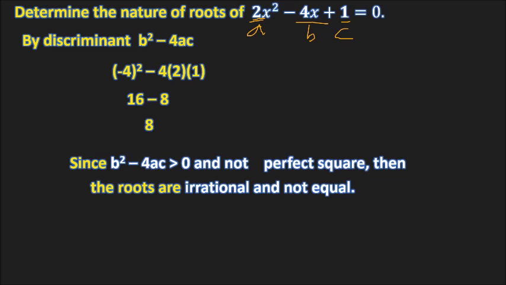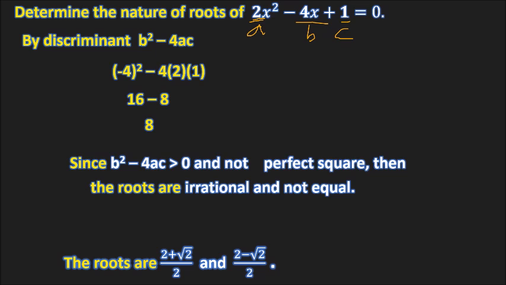And if you do some computation using the quadratic formula, you will find out that the roots are 2 plus square root of 2 all over 2 and 2 minus square root of 2 all over 2. So this square root of 2 here can no longer be simplified.